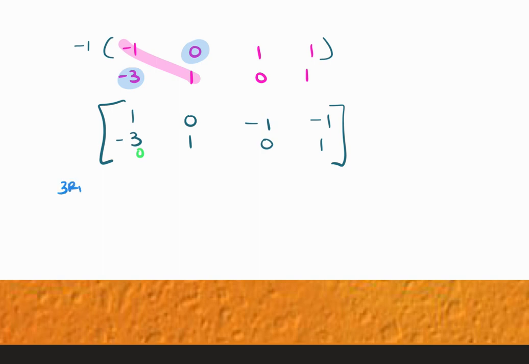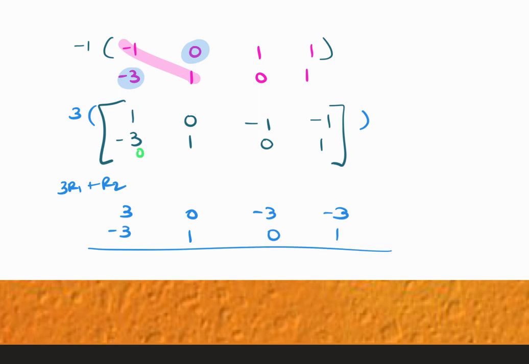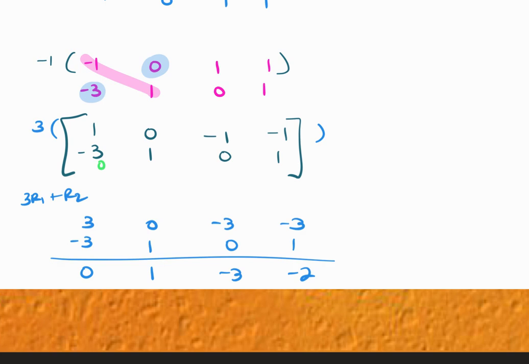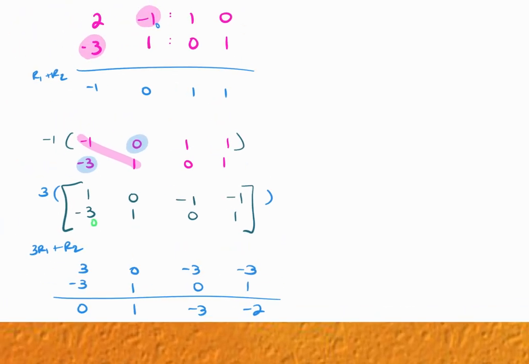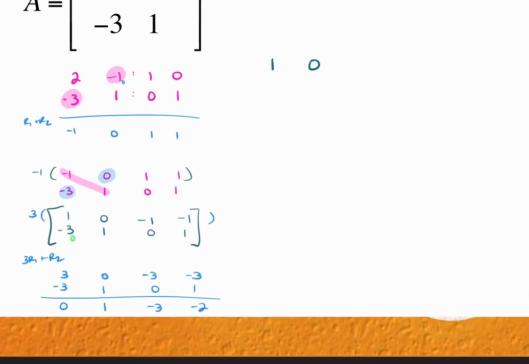Good. 3 times row 1 plus row 2. And that replaces my row 2. So 1, 0, -1, -1, 0, 1, -3, -2. The left side is now what I wanted it to be. The right side is now the inverse.